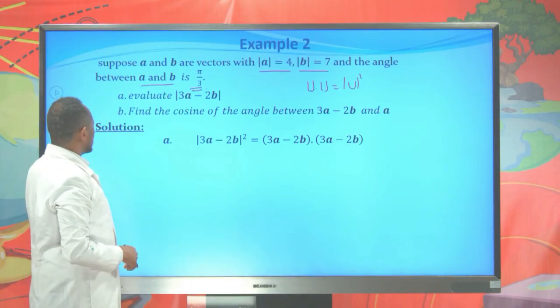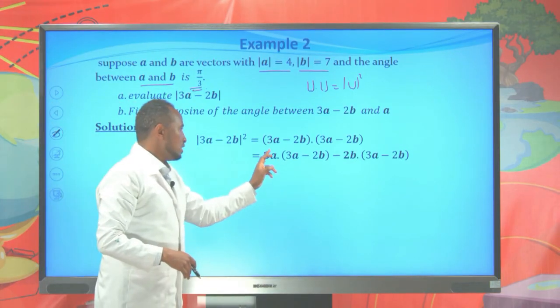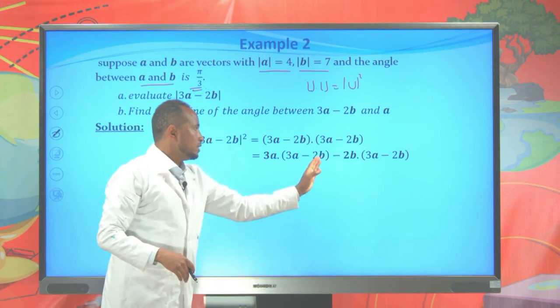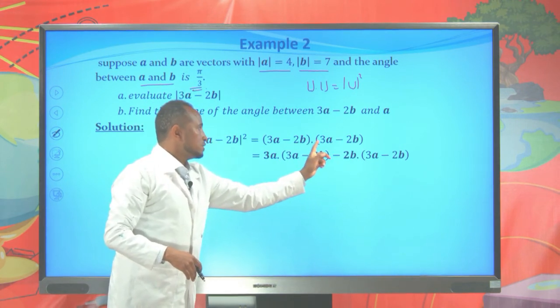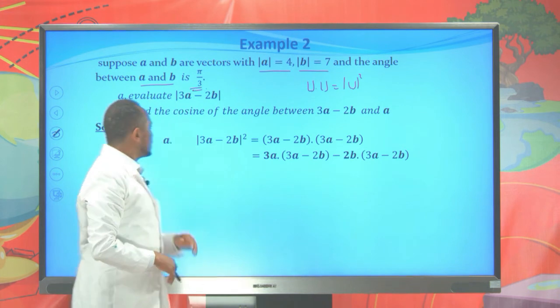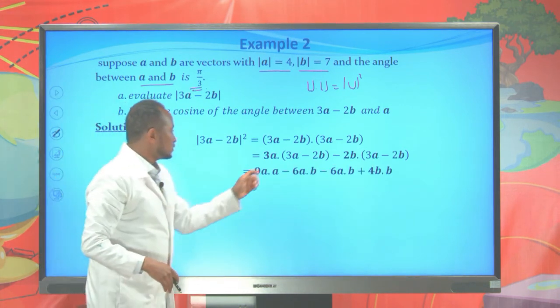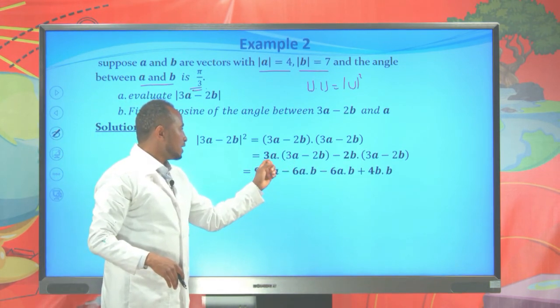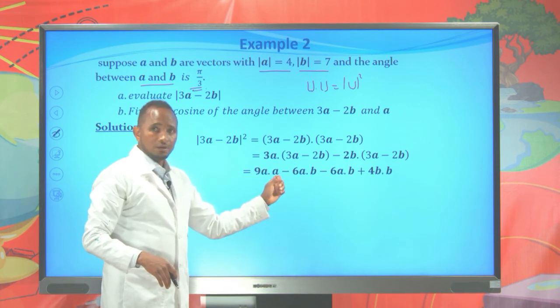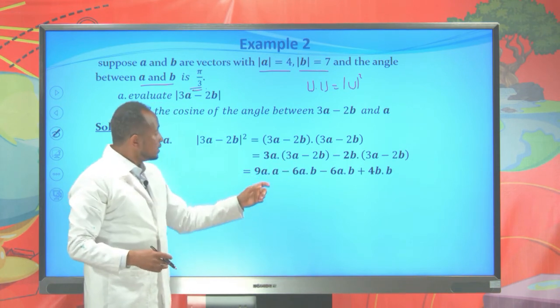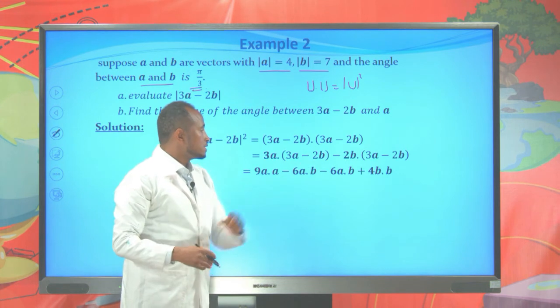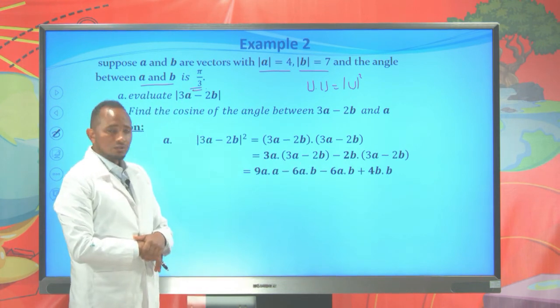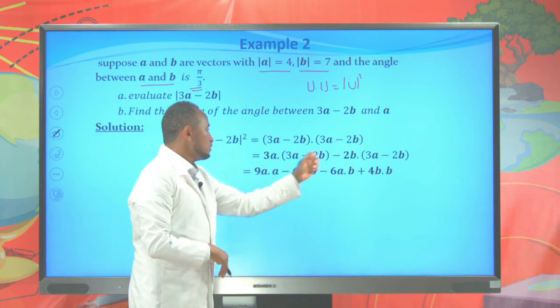Using the distributive property, 3a dotted with 3a minus 2b, minus 2b dotted with 3a minus 2b, and this equals 3 times 3 is 9, 9 times a dot a. We have a dot a here. It's a product of vectors, and 3a dotted with minus 2b equals minus 6 times a dot b.